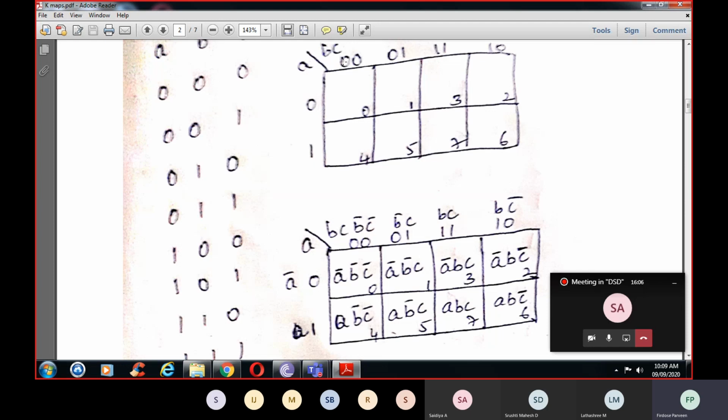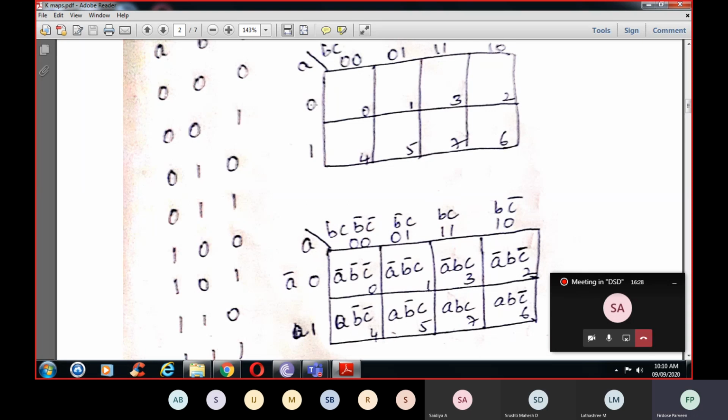For the B part, it is 0 here and 0 here, the same thing. Only one variable should vary. If I write 1 0 here, 2 variables vary at the adjacent side, so we will not write it this way. I'll write 1 1 here and 1 0 here itself.